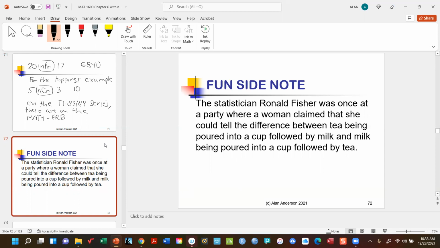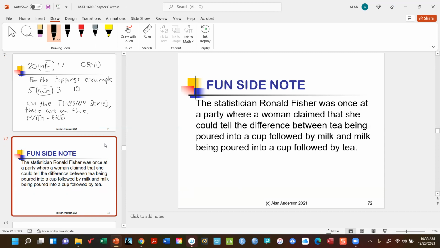The long and the short of it is that this woman claimed that she could tell the difference between when tea was poured into a cup and then milk, or milk and then tea. She wanted it one specific way. I forgot which one it was.